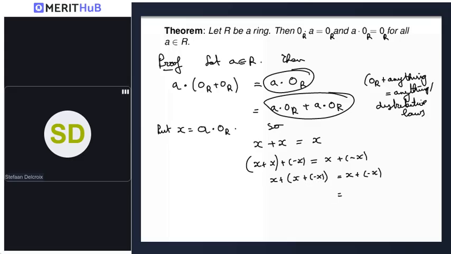When you add them, what do you get? Zero. So x plus 0 is 0. One last step. What is x plus 0?